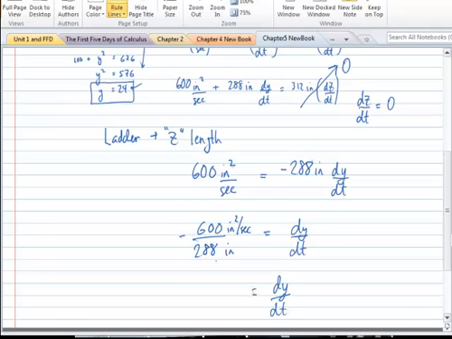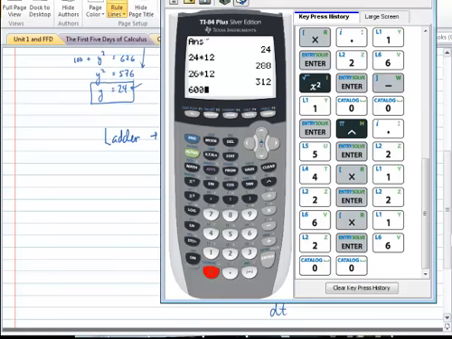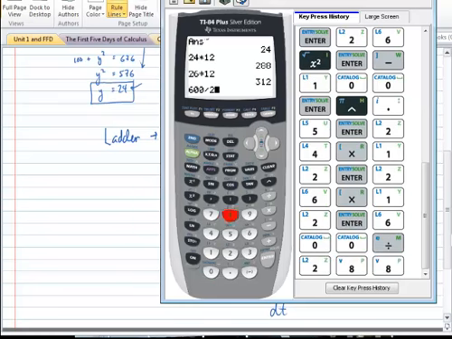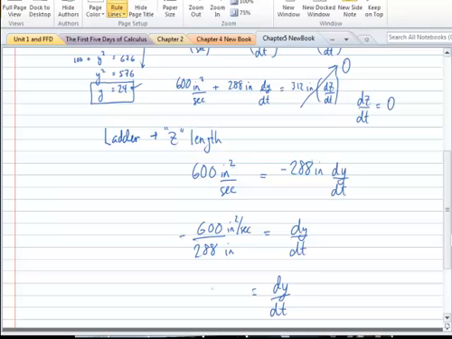And so I need to calculate 600 divided by 288, and I get 2.083 inches per second. The negative indicates that it is moving downward.